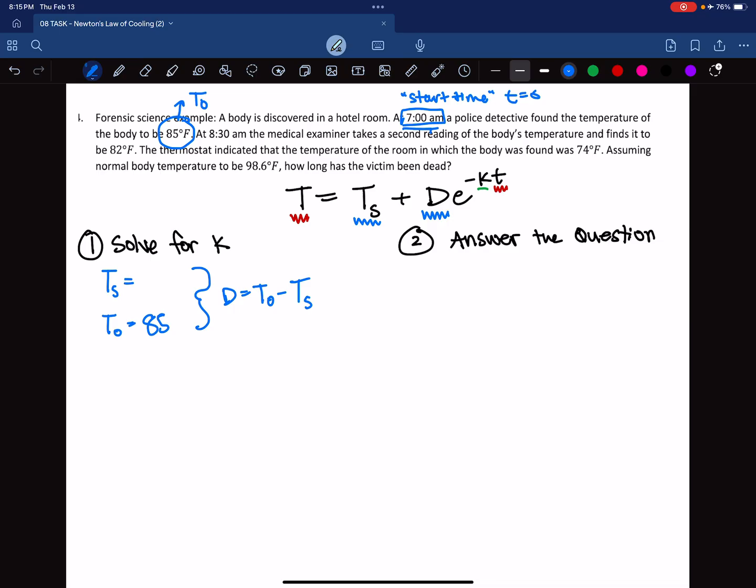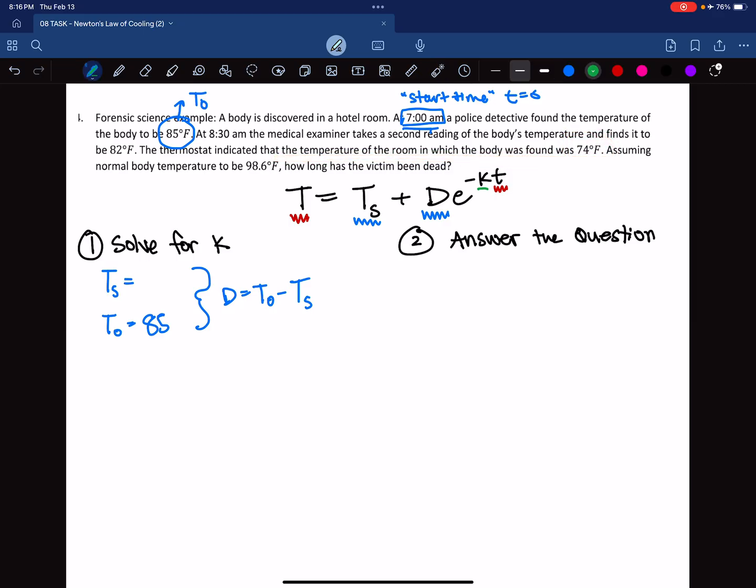So the environment, excuse me, let's see. So it says at 8:30, the medical examiner takes a second reading to be 82. This here is going to be our time-temperature ordered pair. And then the second part, the room temperature, 74.